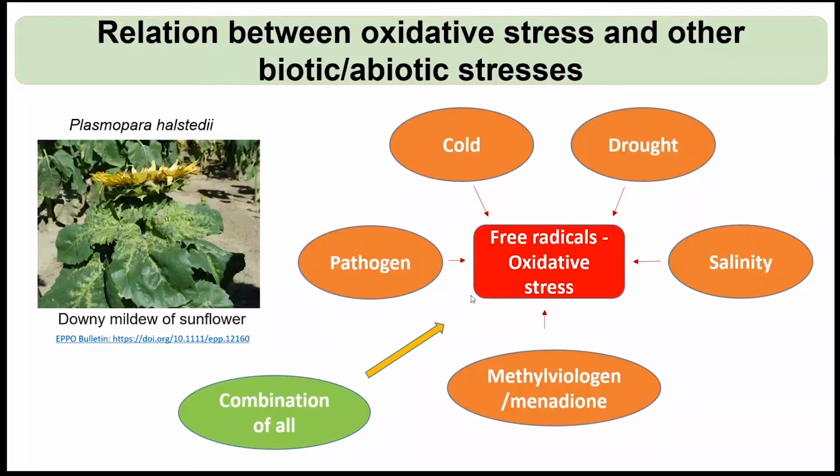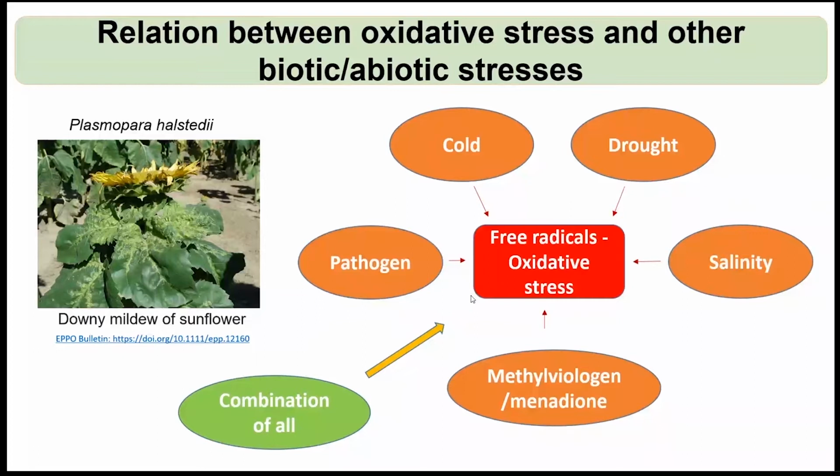In other words, these individual stresses can converge in the form of oxidative stress, which at least in part can contribute to the net damage that each one can contribute individually. If we can study the oxidative stress related aspects of a plant, can we expand it to see whether the tolerance for individual stresses can also come in?